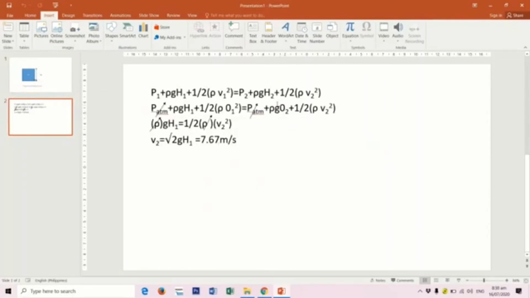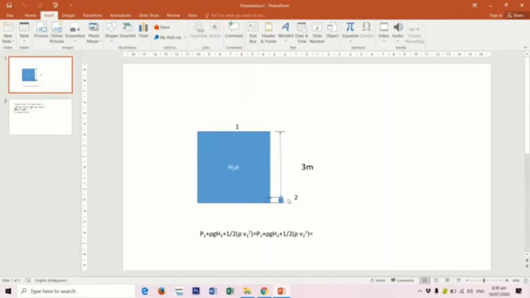And also here we have the height. The height here is equal to 0 also because point 2 is our reference point, so it should be 0.